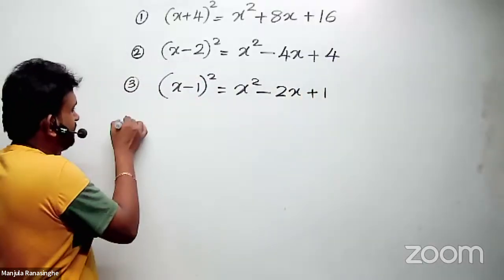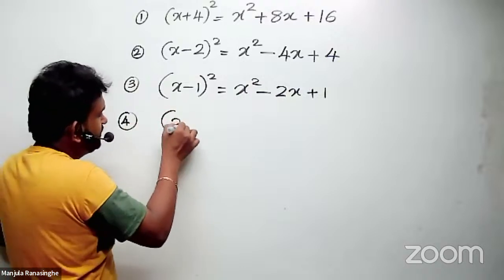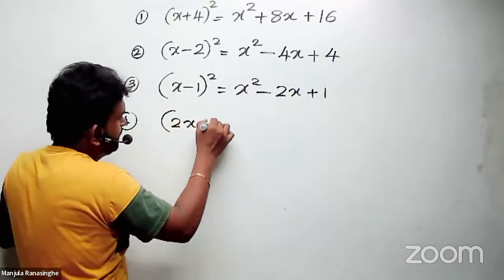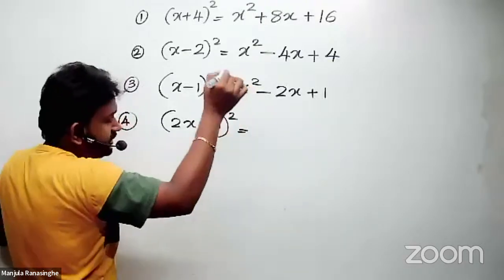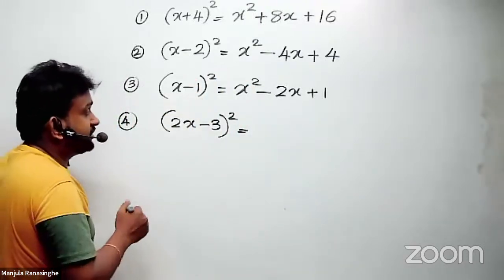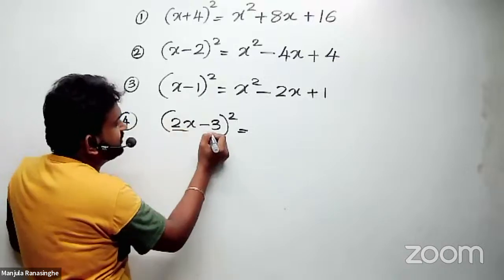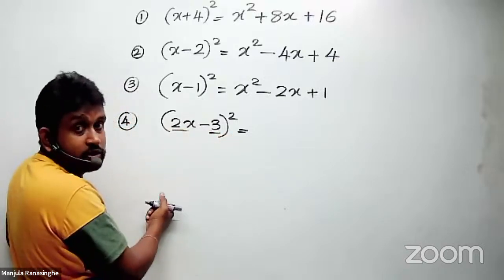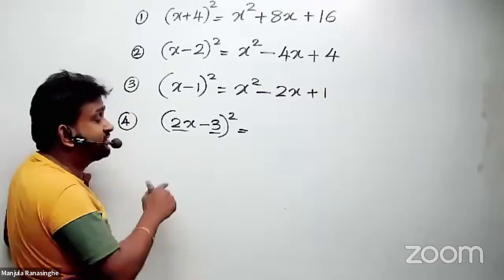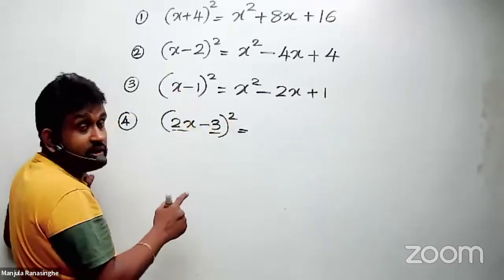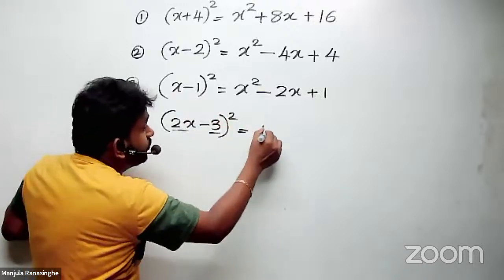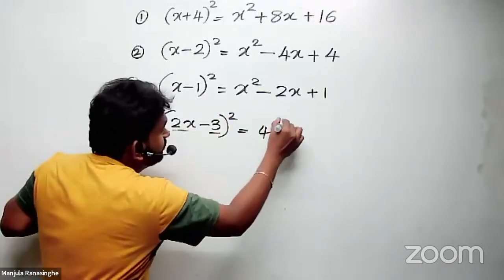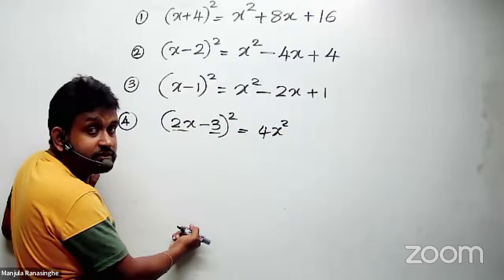Okay? Right. Fourth one, this is a bit different. 2x minus 3 squared. First term is 2x and the second term is 3. So first term square means 2x, give me the square. So the 2 also is to be squared. 2 squared means 4x squared. That's how you take the first term.